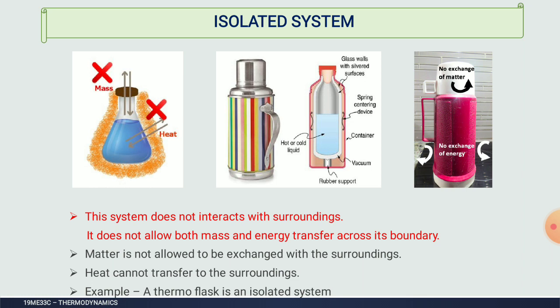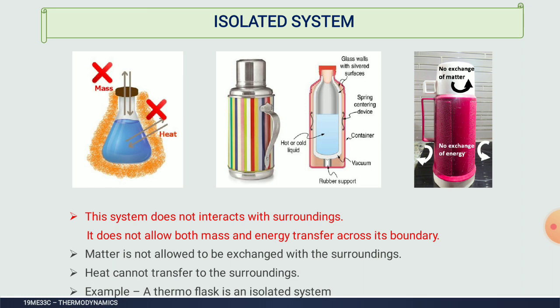Then I missed one thing: the open system is also called a control volume. It means in an open system we control only the volume of the system, and we cannot control the mass flow and energy flow.